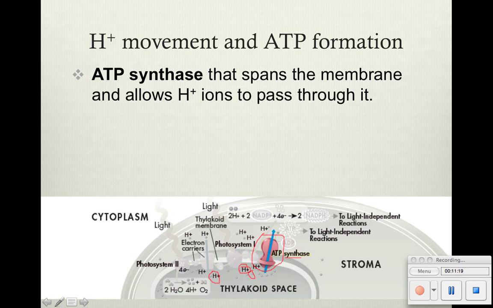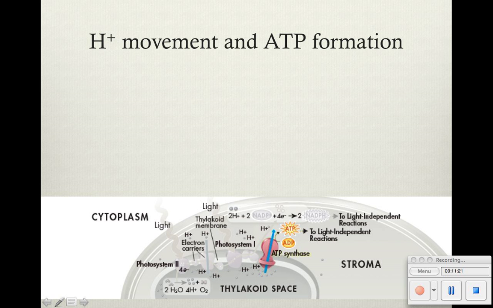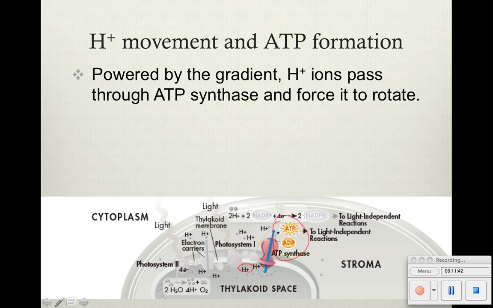Okay? When that happens, we get ADP that has just been sitting there inside of the thylakoid, and it's going to generate ATP. So these hydrogen ions are actually providing some energy in order to get that reaction to occur. Okay, so it's powered by the gradient. The hydrogen ions are going to pass through the ATP synthase, and that ATP synthase will actually rotate.